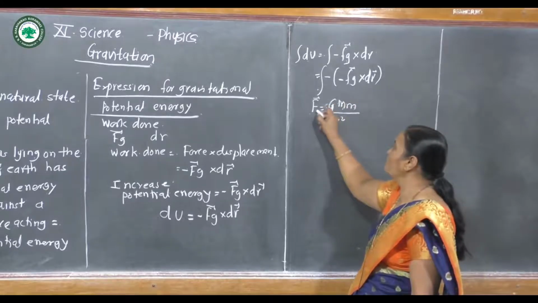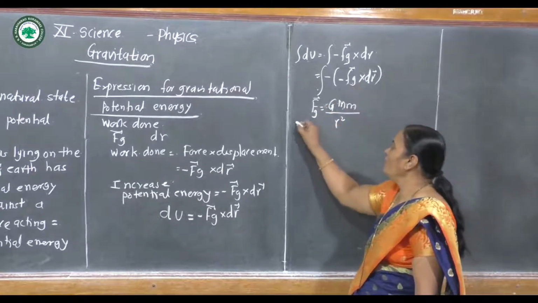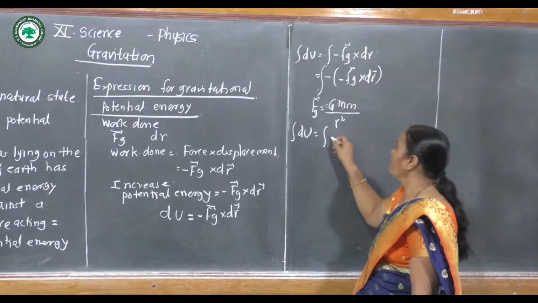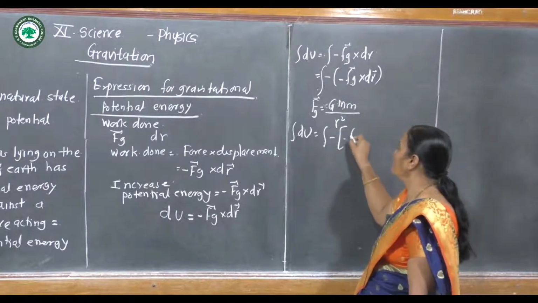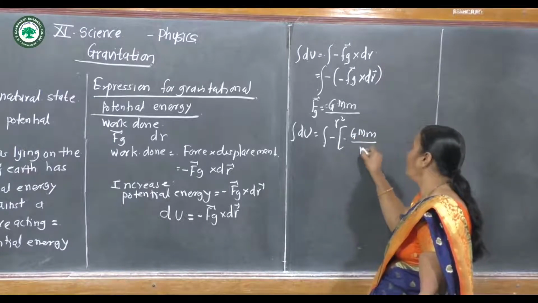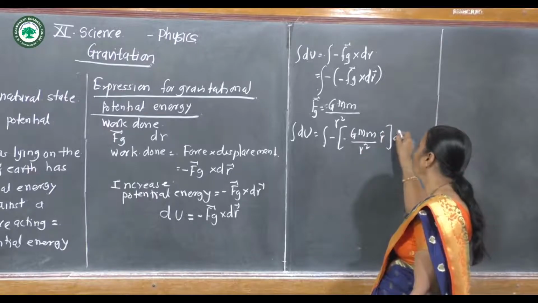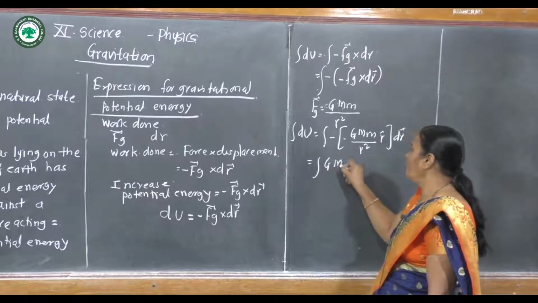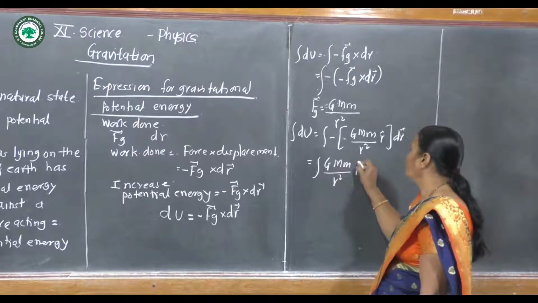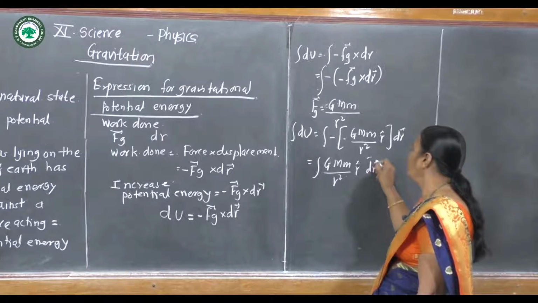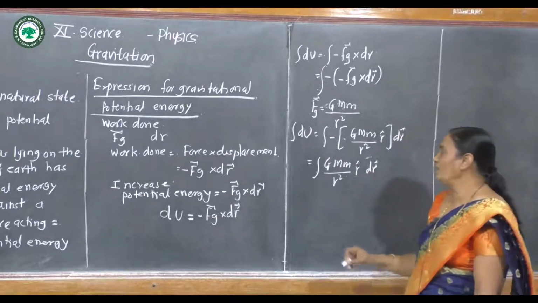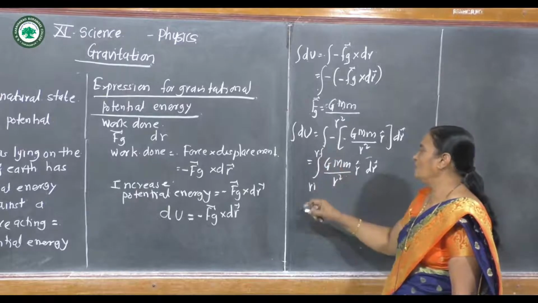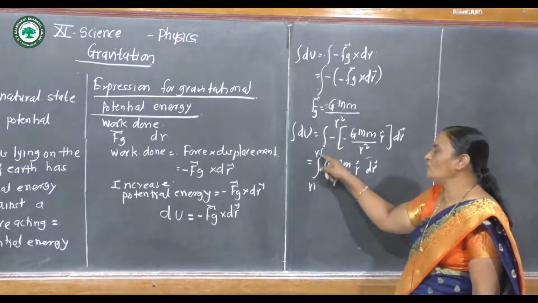This is the gravitational force, and we can substitute it here. We get the integral of dU equal to minus into minus G M m divided by r square, into unit vector r, into dr. Now this minus becomes plus, and we get G M m divided by r square, unit vector r, and the variable is dr. Now we consider the limits: the initial value of r is ri and the final limit is rf, that is, the distance varies from ri to rf.